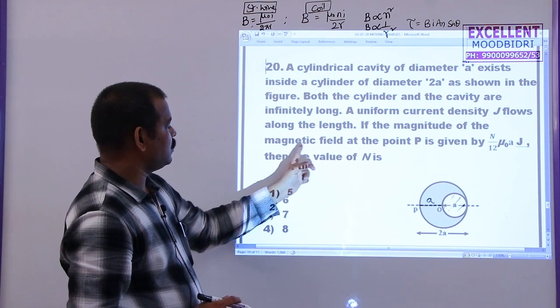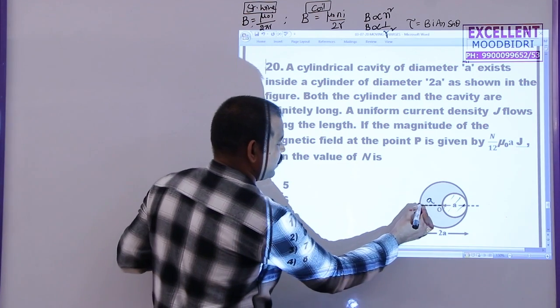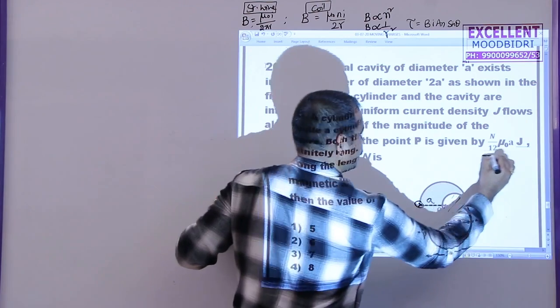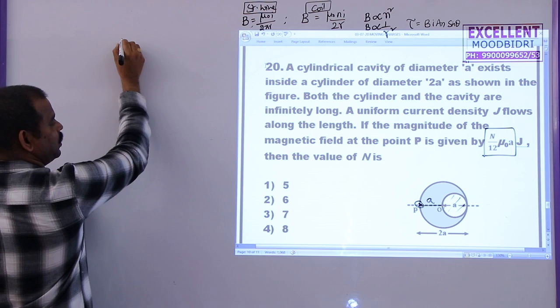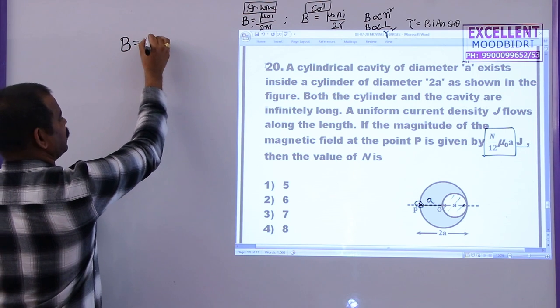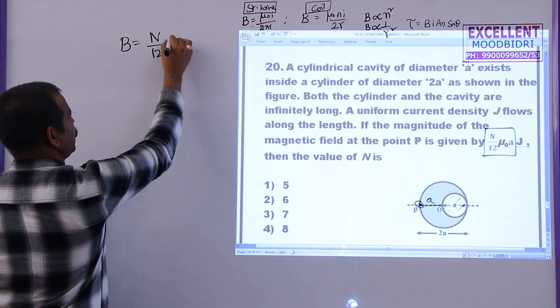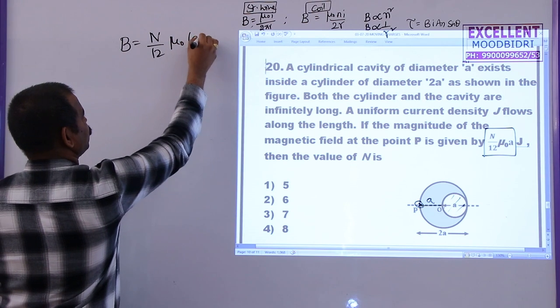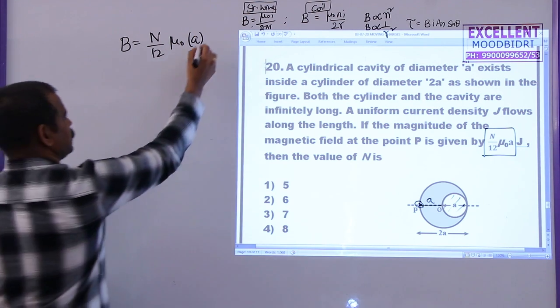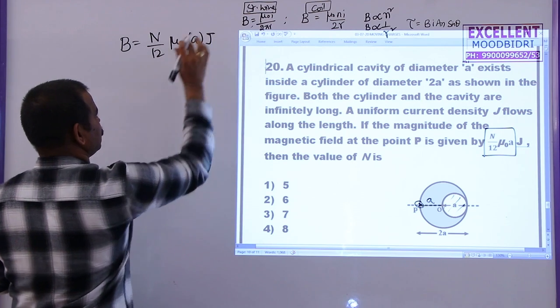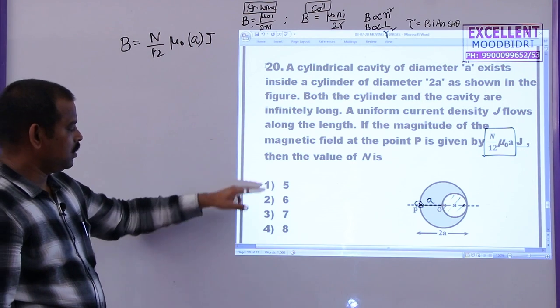If the magnitude of the magnetic field at this point P is given as n by 12 mu naught aJ, where J is the current density. Now what is the n value? So here 5, 6, 7, 8.